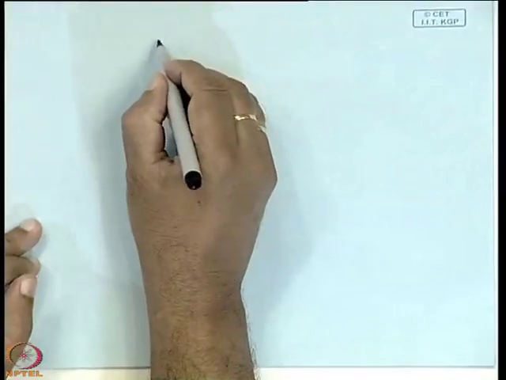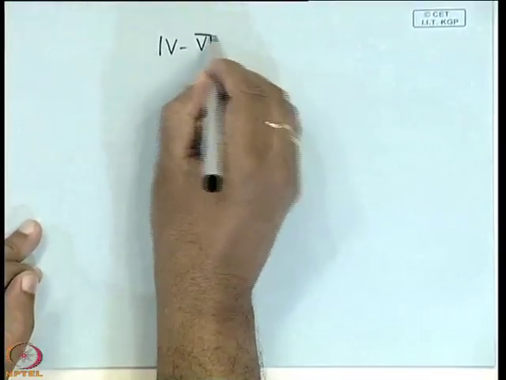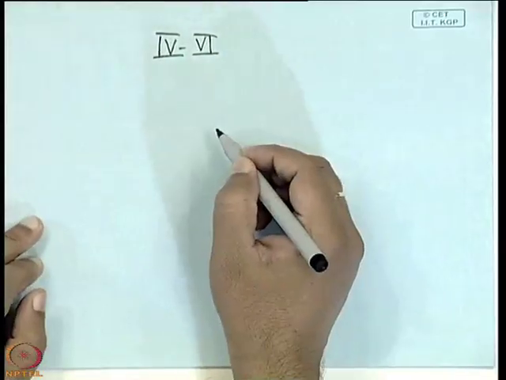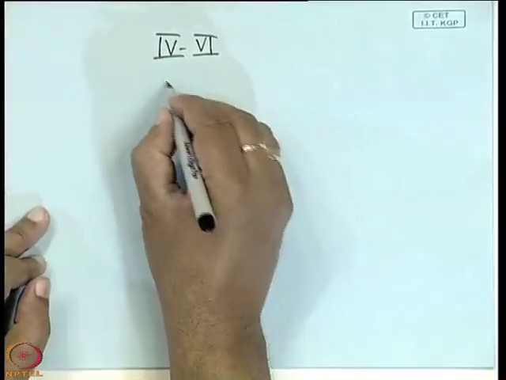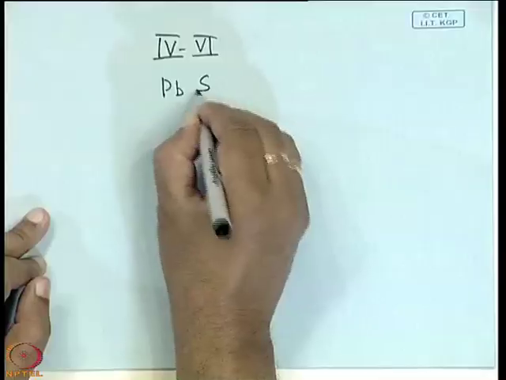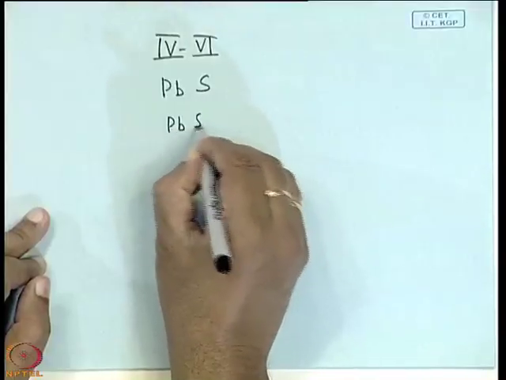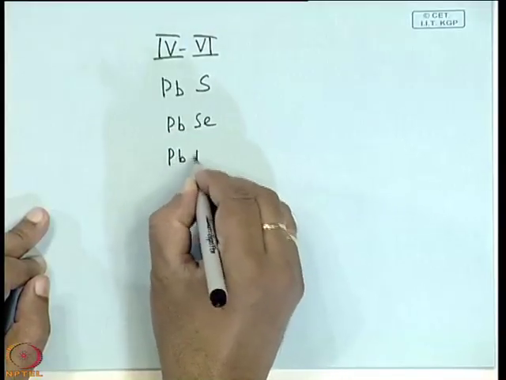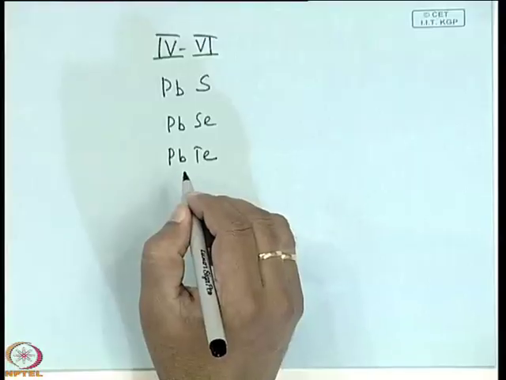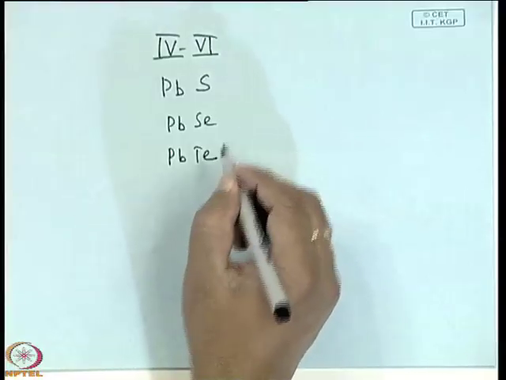Then there are the 4,6 compounds. The 4,6 compounds are lead sulphide, lead selenide and lead telluride.